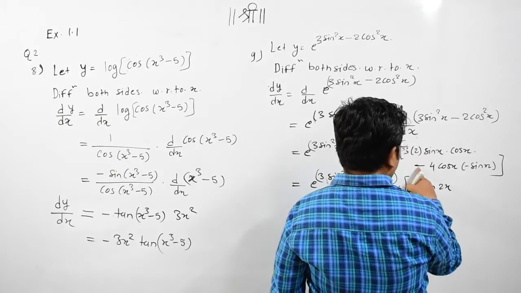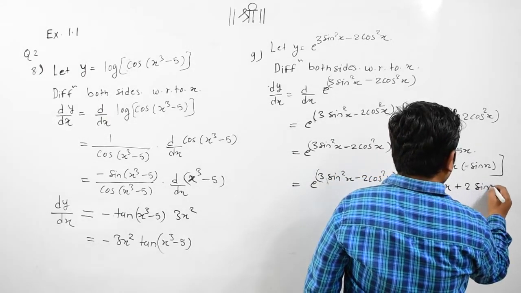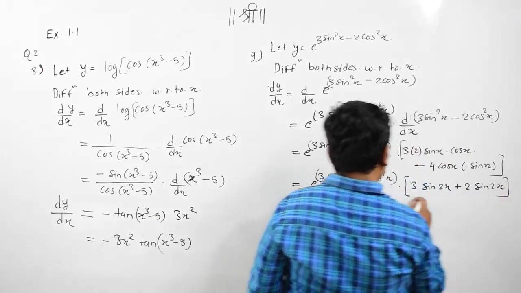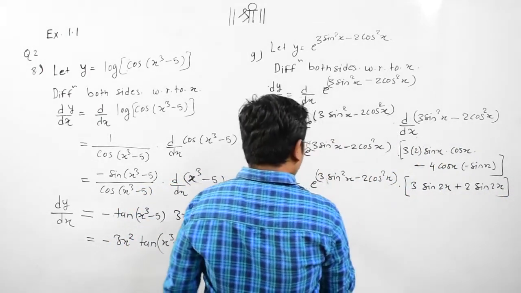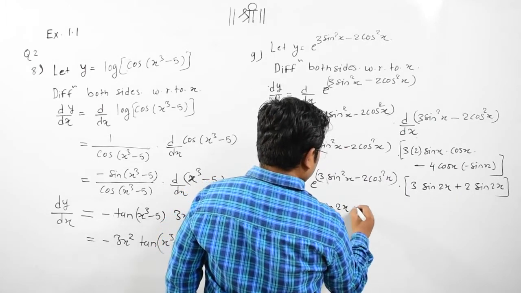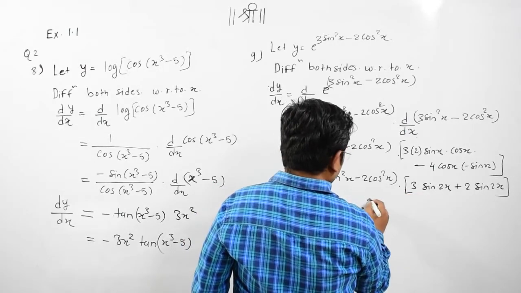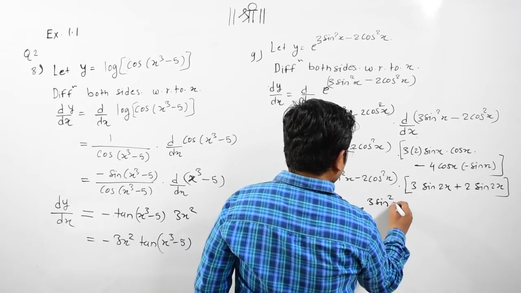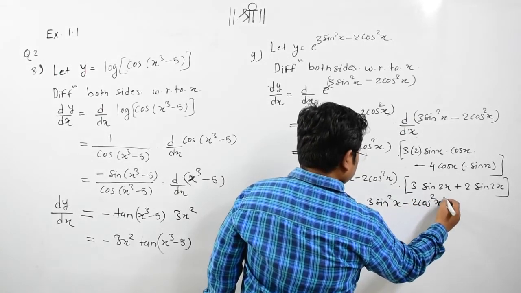Again this minus minus is plus, so plus 2 sin 2x. Simplify it: 3 plus 2 gives 5 sin 2x into e raised to (3 sin²x minus 2 cos²x).